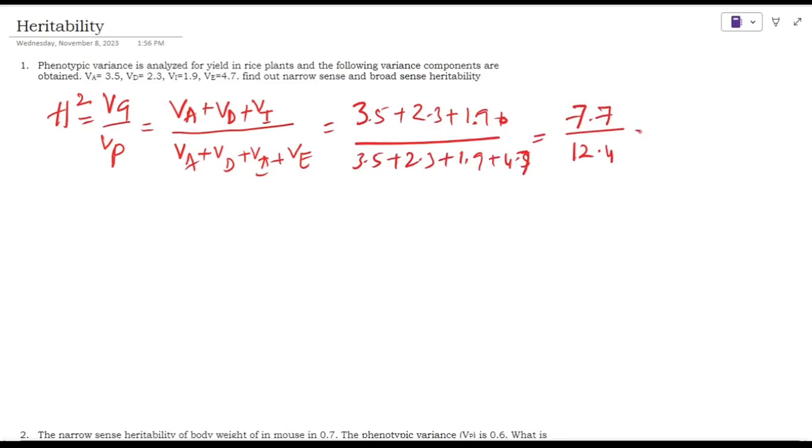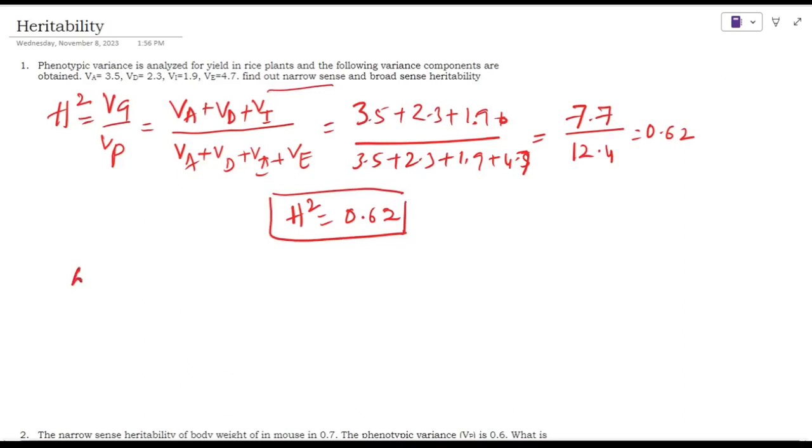So the H square value is 0.62. Definitely the value is more influenced by genic interactions, and less influenced by environmental interaction. And we need to calculate narrow sense heritability here. We calculated the H square value, right? So narrow sense heritability, small h square, is equal to Va divided by Vp.